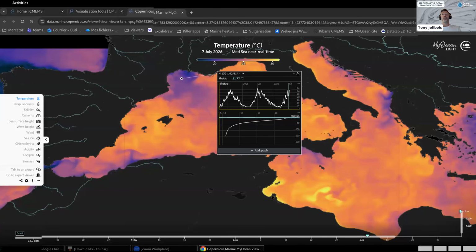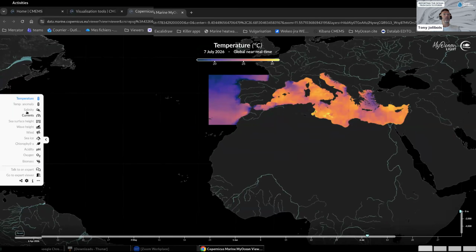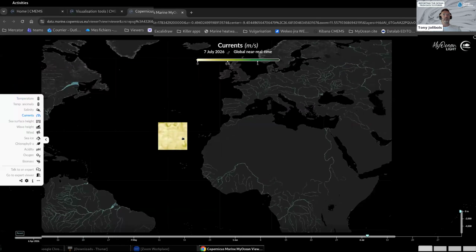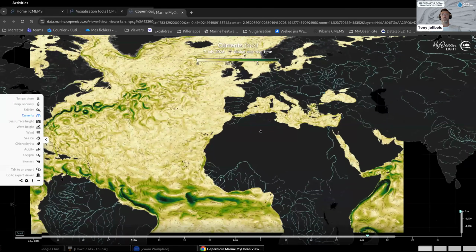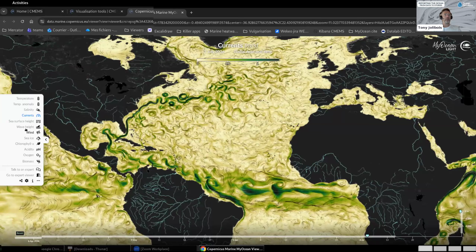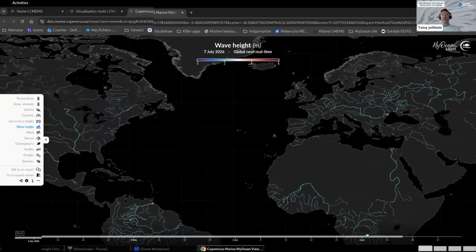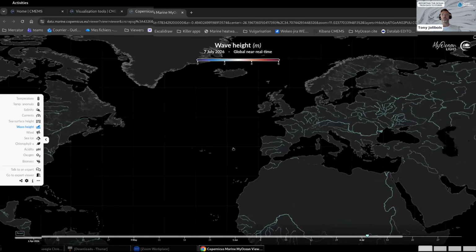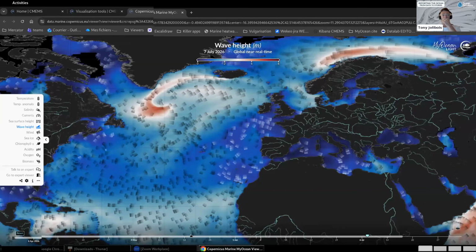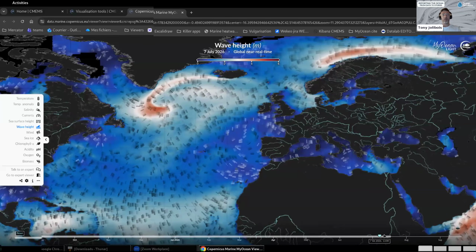Okay, so quickly, My Ocean Lite allows you to look at currents, as I said, the blue ocean, as Laurence presented to you. The wave height, if you want, for example, to tell a story about the wave height that reached the coast during the last storm.